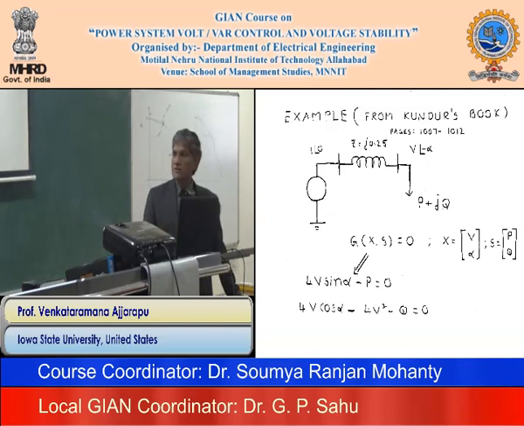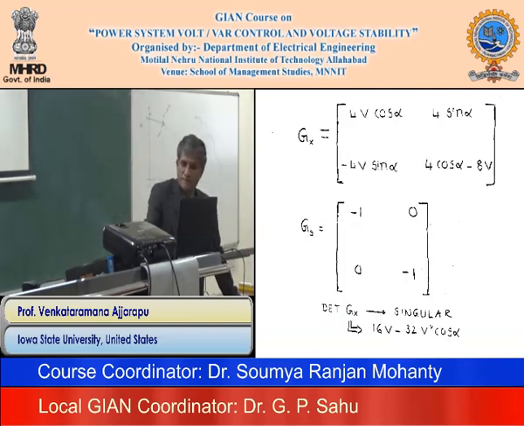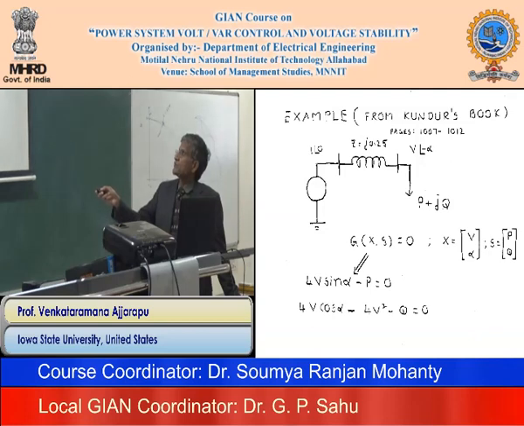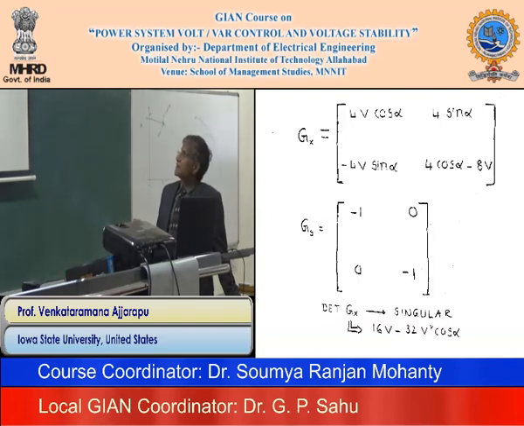So that is this. Obviously you get minus 1, because if I differentiate, the first doesn't contain P so it's minus 1, Q is not there so its differentiation is 0, the second doesn't contain P so this is 0, and the second term is minus 1. So minus 1, 0, 0, minus 1.